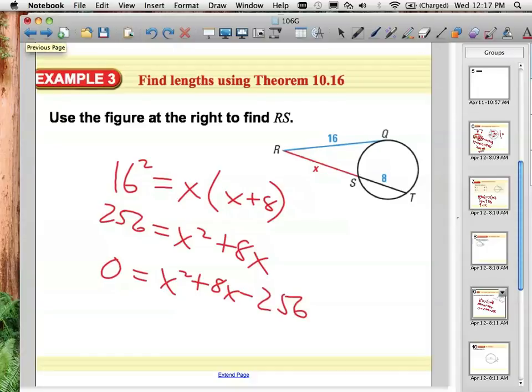Oh, our friend algebra. Everyone loves algebra in here, it seems. They tell me how much they don't like it. Is there anything that factors easily or no? It can be plus minus, right? Because the second sign is minus. Anything that goes into 256 that is also going to give us a positive 8x?